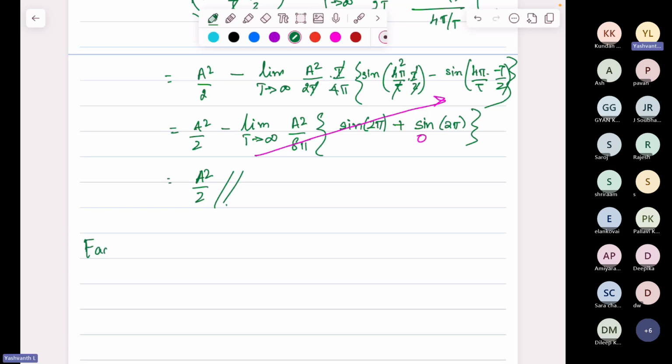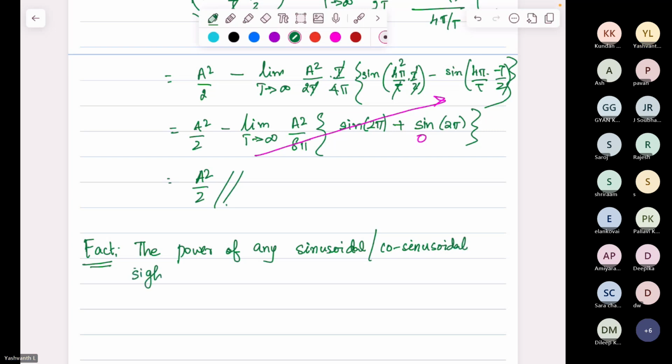Or maybe I'll say fact: the power of any sinusoidal or cosinusoidal signal, whichever it is, cos or sine, doesn't matter, but it should be of that form, does not depend on frequency or phase, because I told you that a sinusoid has three components: amplitude, frequency, and phase.